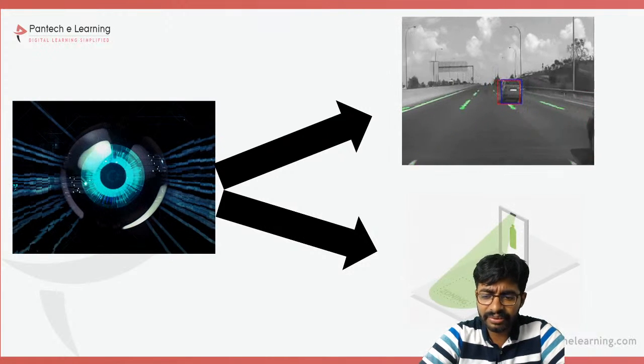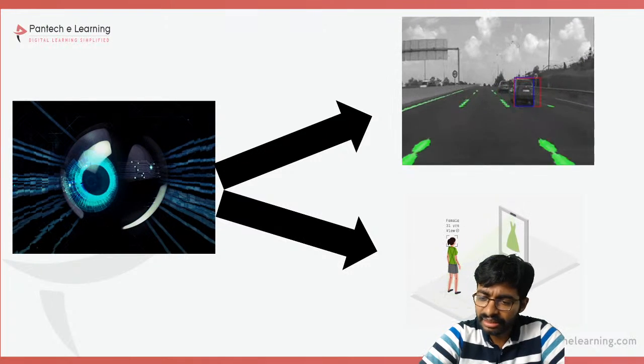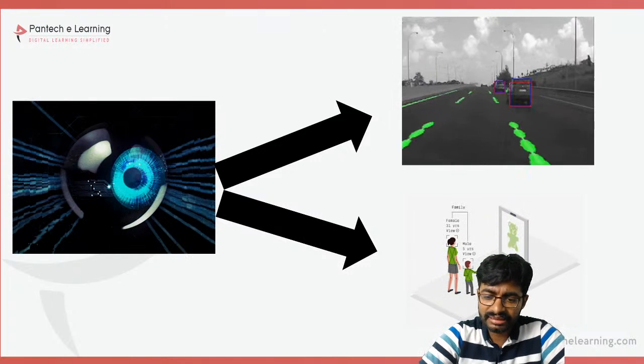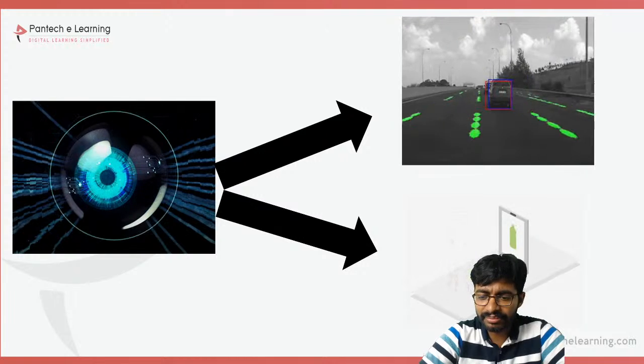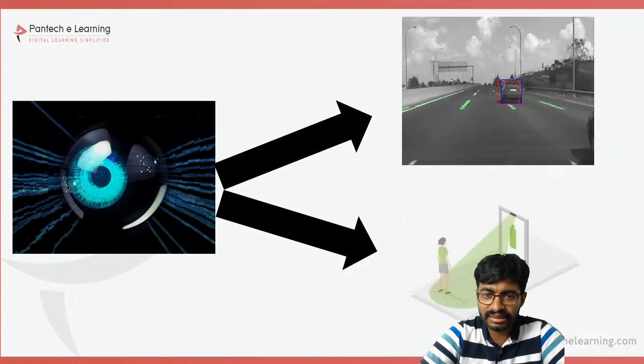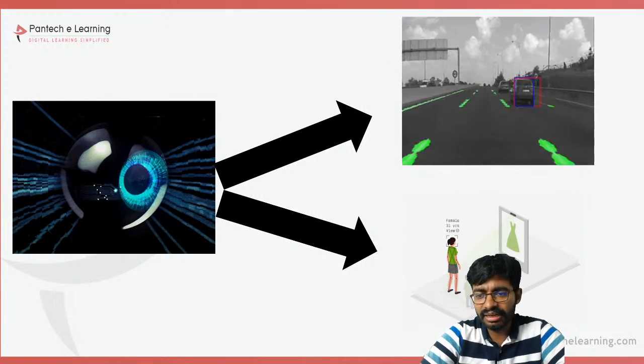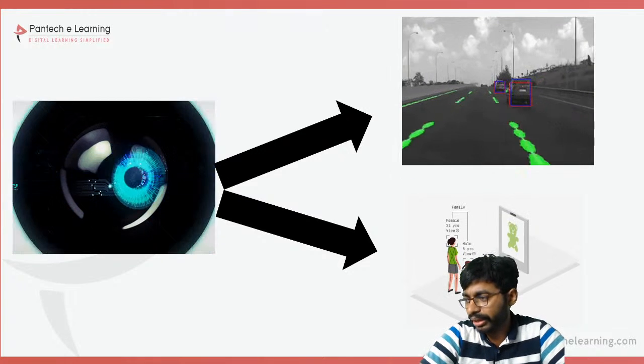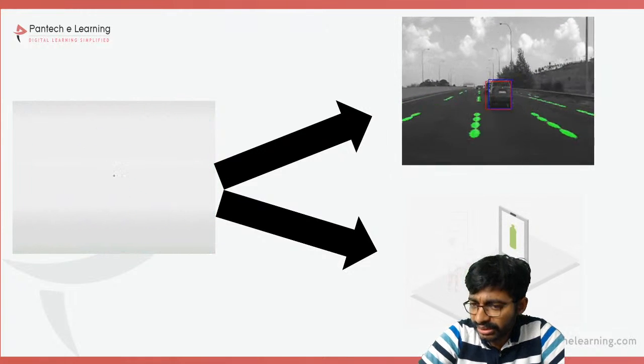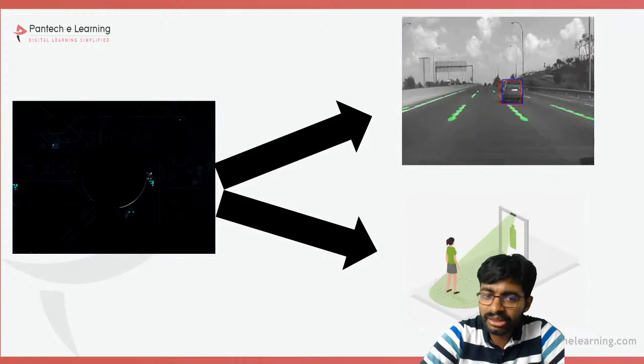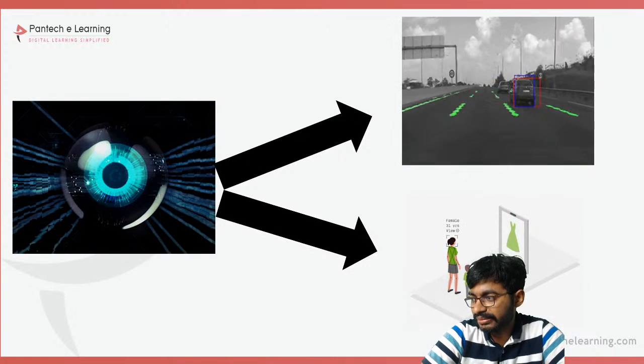Similarly, if a person stands in front of the camera, it detects the gender, and from the gender what is required, the dresses. If it is a kid, it displays some kind of toy. These are the things where computer vision plays a major role in artificial intelligence.